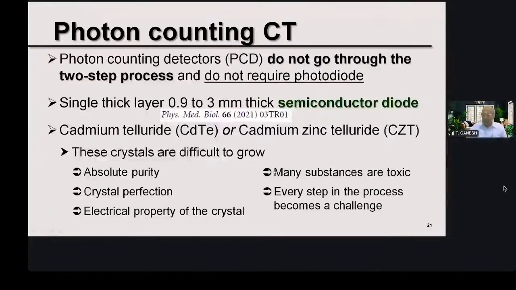And all these material substances are toxic. So you have to create a very special lab. Handling them becomes extremely difficult. You have to take a lot of precautions. And overall, every step in the process becomes a challenge to make these diodes.